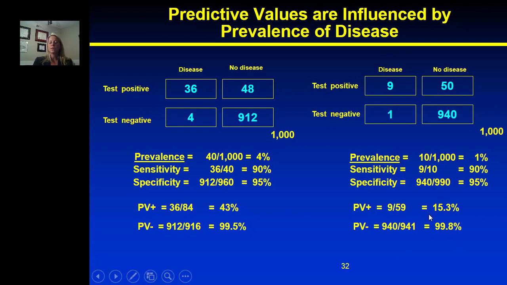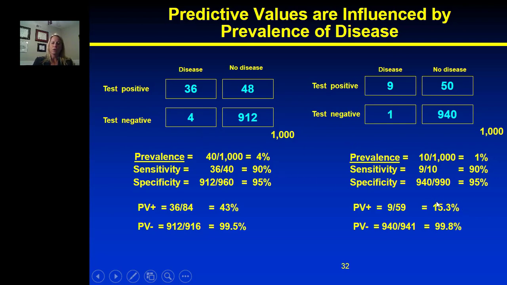When the prevalence is only 1%, or fourfold less than this example, you see here that the positive predictive value now drops by threefold. It's 15.3. However, the negative predictive value stays high. It stays around 99%, and that is because the overall prevalence of disease is very low.